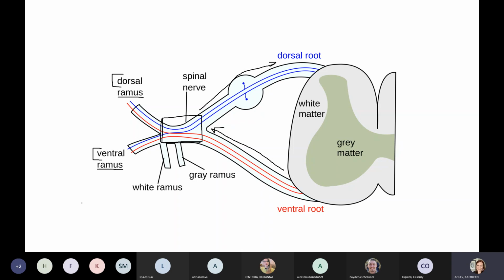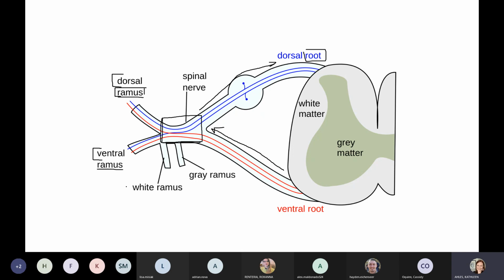So think of the spinal nerve kind of like the trunk of the tree. I have some roots that are going to go underground or that are going to go and attach to the spinal cord. And then I've got branches, my rami, that are going to come off of the spinal nerve and go out to the body. So the dorsal rami are going toward the back, the muscles of the back, collecting sensory information from the skin.